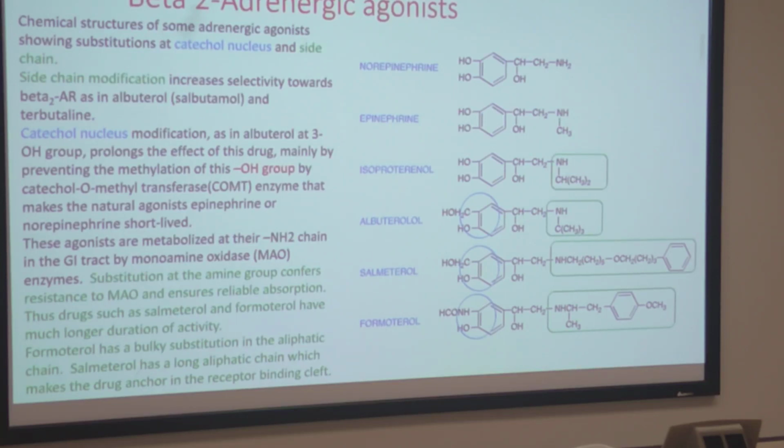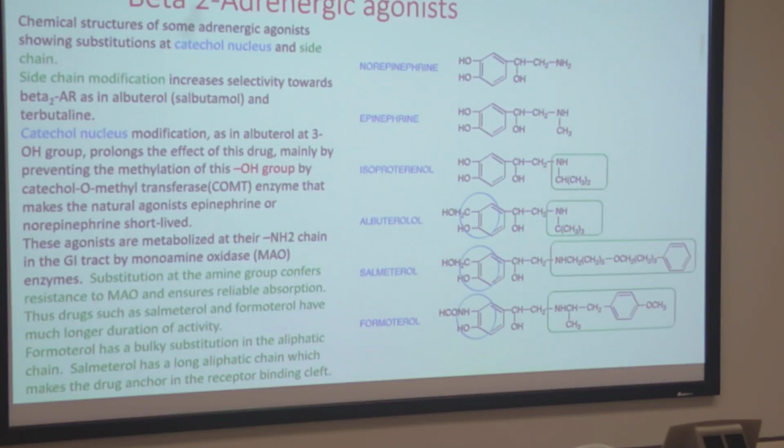Likewise, in albuterol, what they have done: the amino group remains the same, methylated. They also masked the hydroxyl group attached to the benzene ring, thereby blocking the COMT enzyme activity. So the COMT enzyme cannot work on this hydroxyl group.